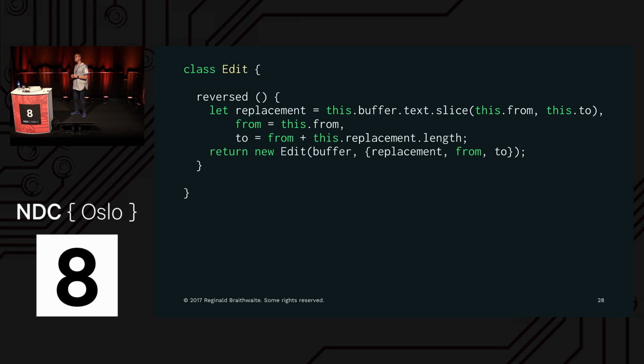And it has this new method reversed. What does this do? Well, the edit actually encapsulated what the old text looked like and the new text. And so what it does when you call reversed is it gives you back a new edit object that reverses the effect of the first edit object.